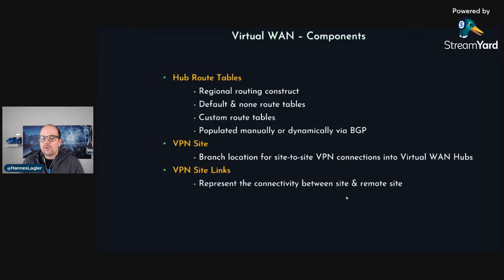You also have the ability to customize the routes, to define your own route tables if you want, and to separate some locations from other locations if you want. You can populate routes manually. I always recommend using a BGP configuration, so dynamically populate your routes.